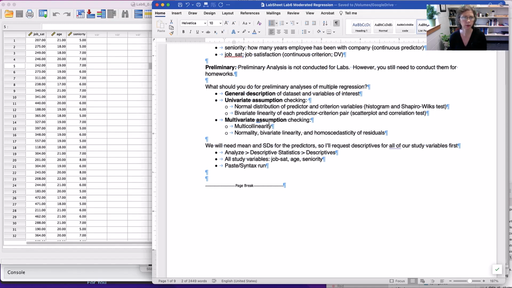Again, I'm not going through the preliminary analyses. You would get your general description of the data set and variables of interest, do your univariate assumption checking, and your multivariate assumption checking for homework and stuff. But for the labs, I'm just having us spend our time on running the analysis itself.